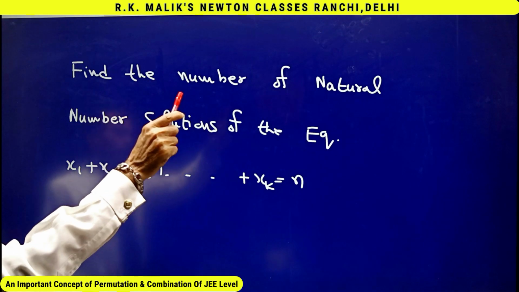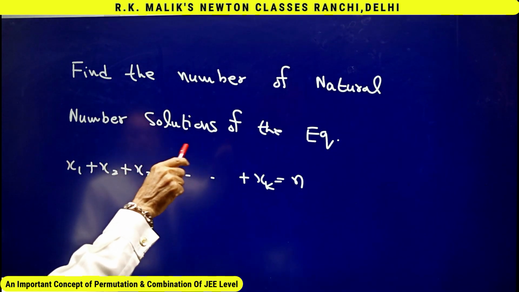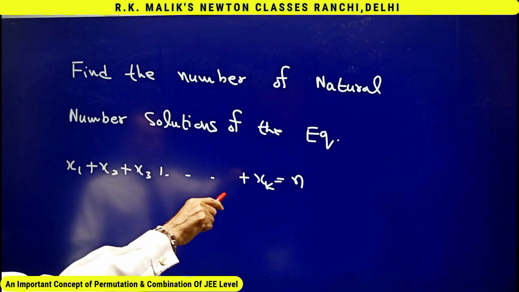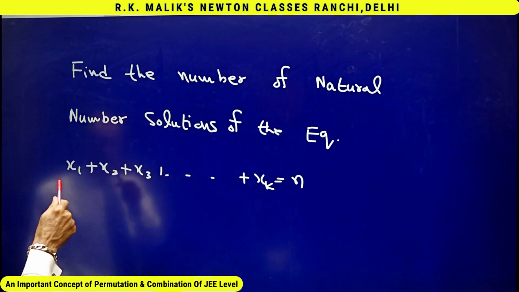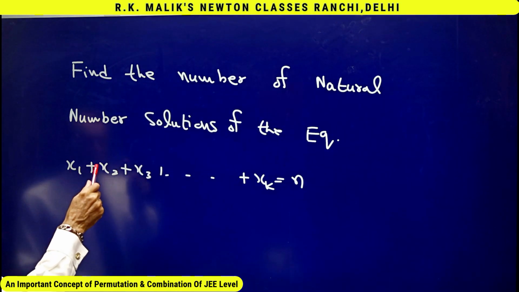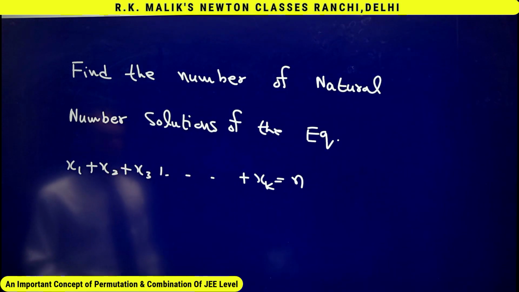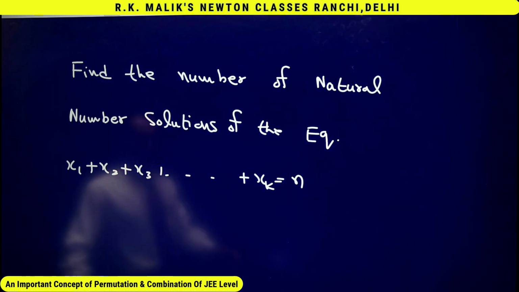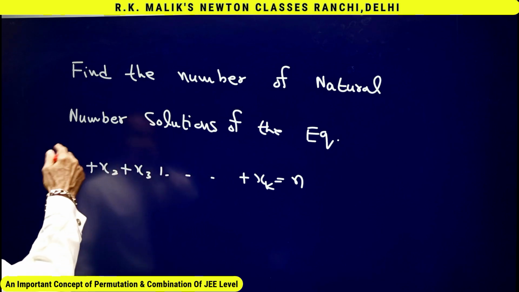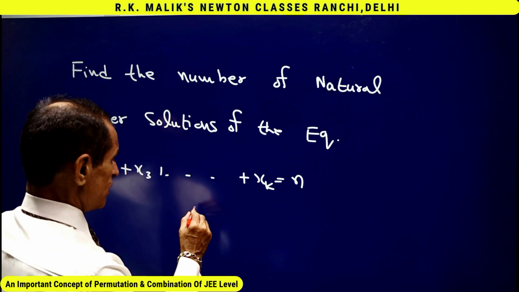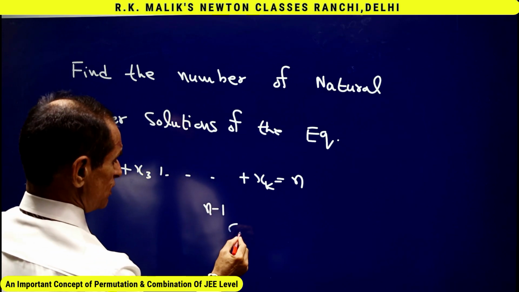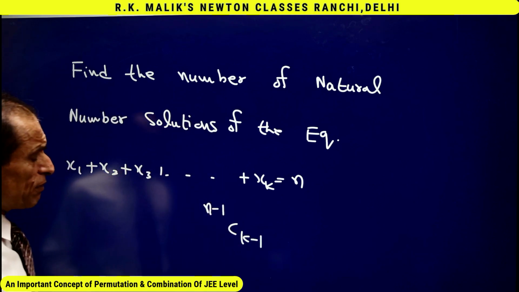Find the number of natural number solutions of this equation x1 plus x2 plus x3 up to xk equal to n. Means if x1, x2, x3 up to xk are all natural numbers, then how many solutions are there of this equation? I'll prove that the number of solutions is n minus 1 c k minus 1.